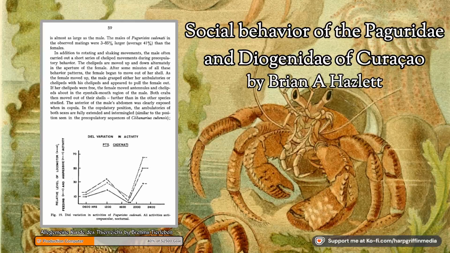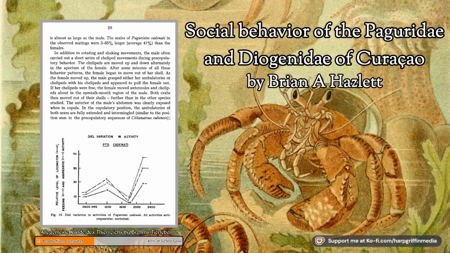The males of Paguristes cadenati in the observed matings were 3 to 85% larger, average 41%, than the females. In addition to rotating and shaking movements, the male often carried out a short series of cheliped movements during pre-copulatory behavior. The chelipeds are moved up and down alternately in the aperture of the female.